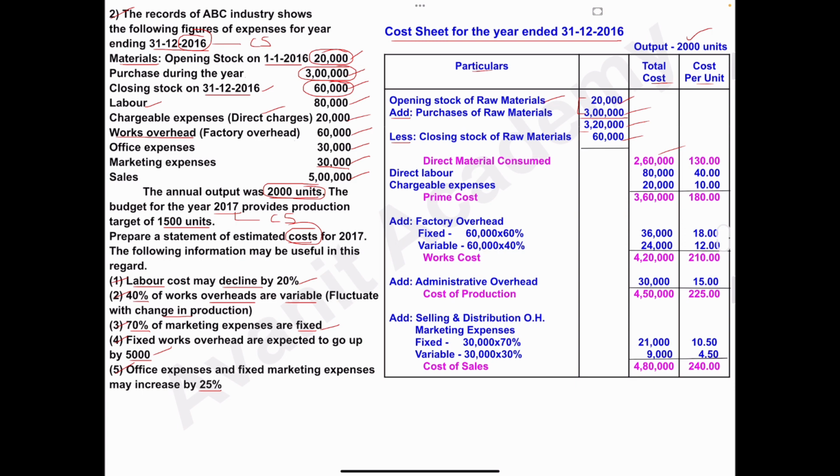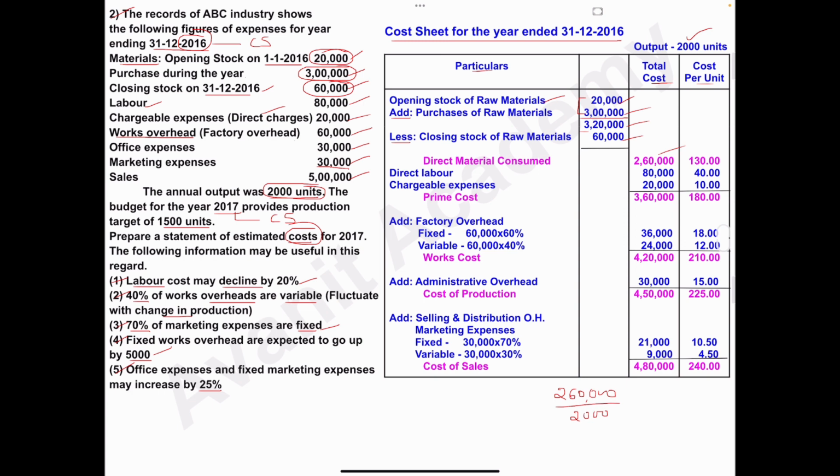Next we have to calculate cost per unit, that is direct material cost per unit. How will you calculate this? Total cost amount, 2 lakh 60,000, divided by number of units produced, 2,000. To get the cost per unit, total cost is divided by number of units produced.